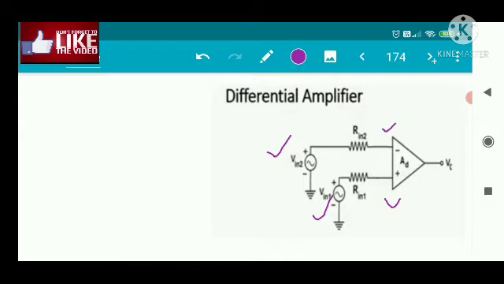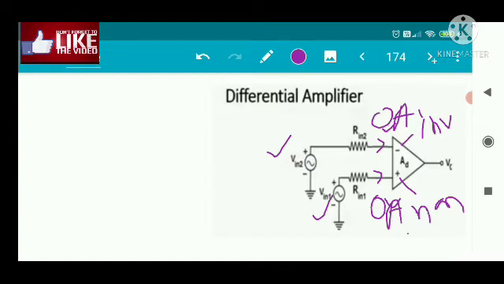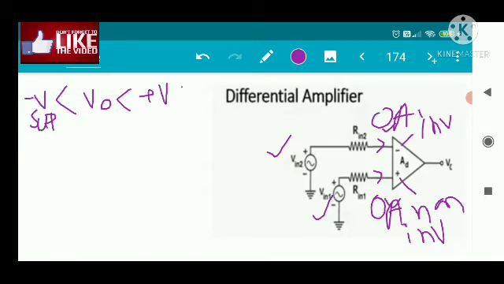That means the current drawn by these two terminals is 0 ampere. This is your inverting input and this is your non-inverting input. We will also discuss the inverting and non-inverting inputs in detail. And the output voltage of the op-amp must be between minus V supply, or the V saturation, and plus V supply.